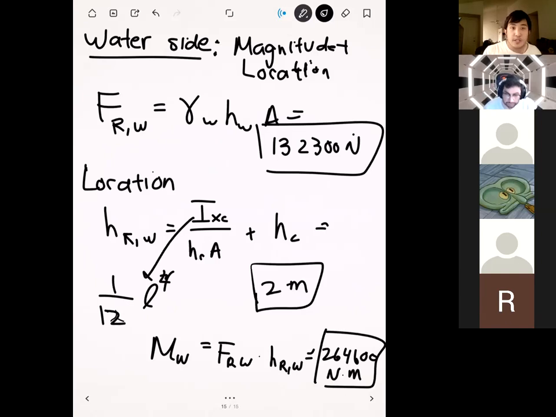The location is a little bit simpler in this case because it's a vertical surface, so there's no angle to play with. Any questions on the water side? The inertia, is that length to the 4th power, or squared? Yeah, it's a 4th power.